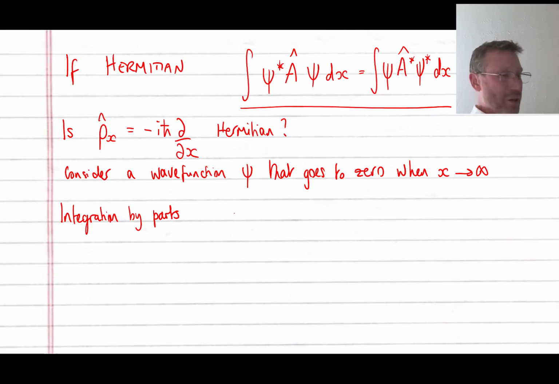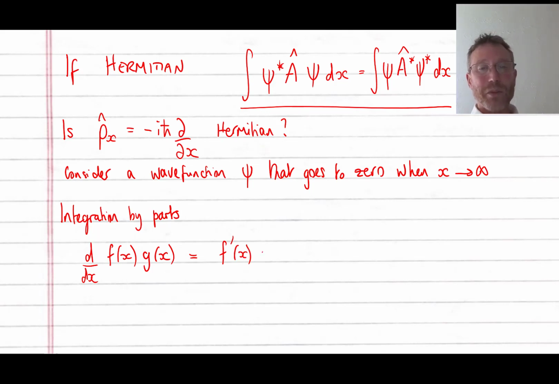If we have two functions, f of x and g of x, and we want to take the derivative of that product with respect to x, we of course know that that is equal to the derivative of f of x multiplied by g of x plus f of x multiplied by the derivative of g of x.